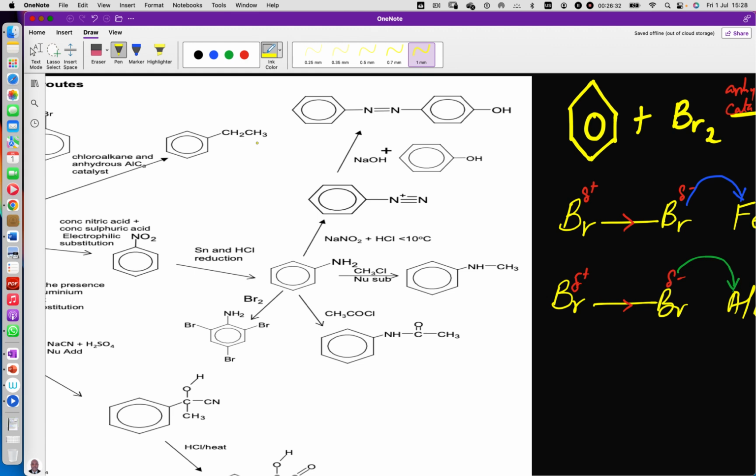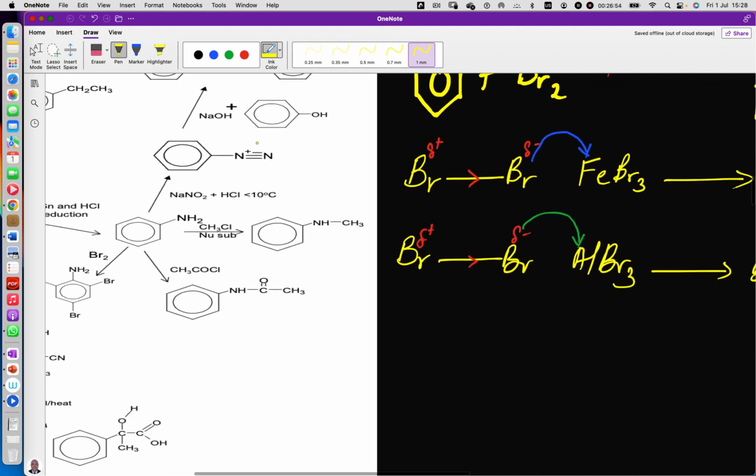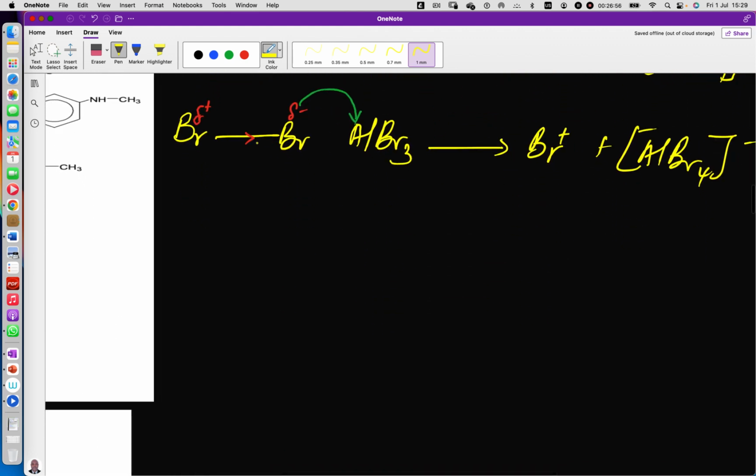If we were to use bromoethane, the carrier would be anhydrous aluminum bromide. But since we are using chloroethane to produce this one, our catalyst will be anhydrous aluminum chloride.